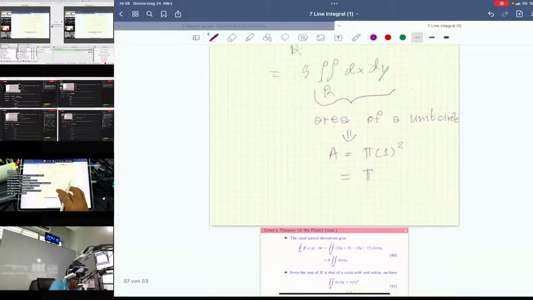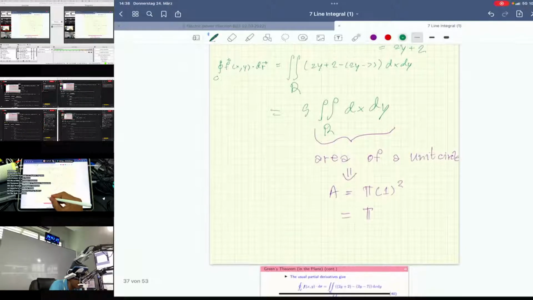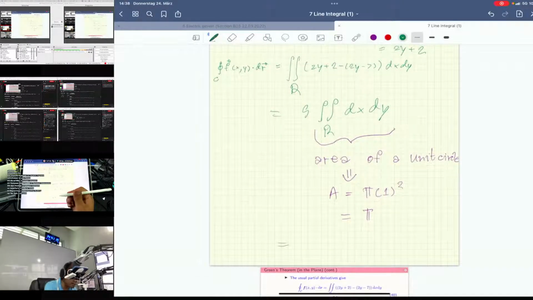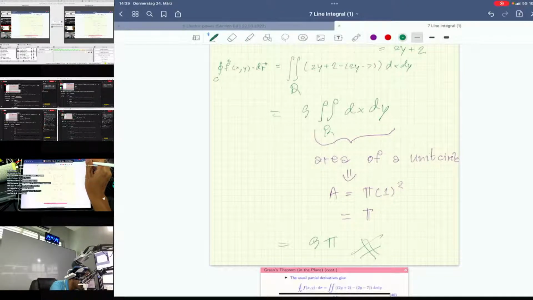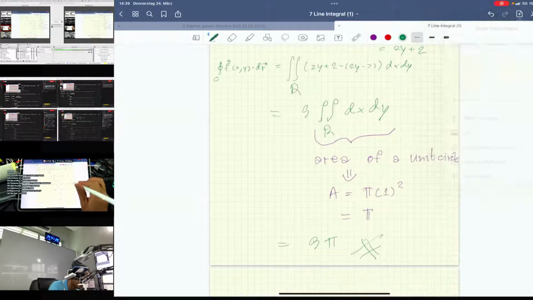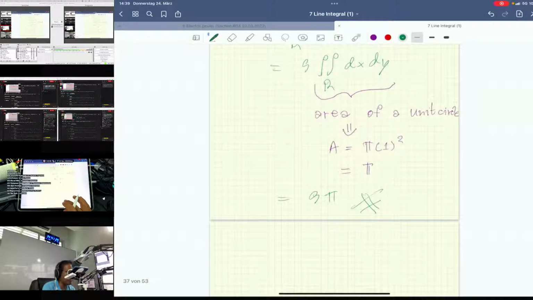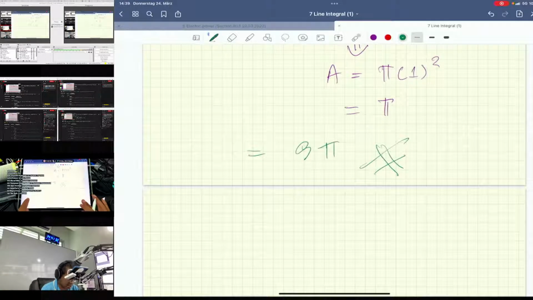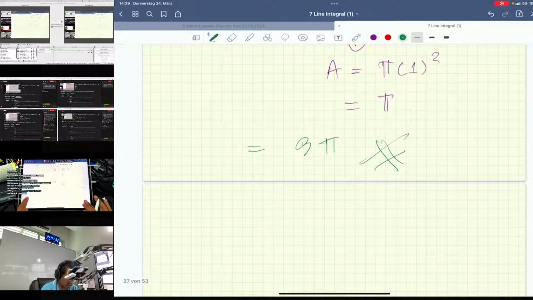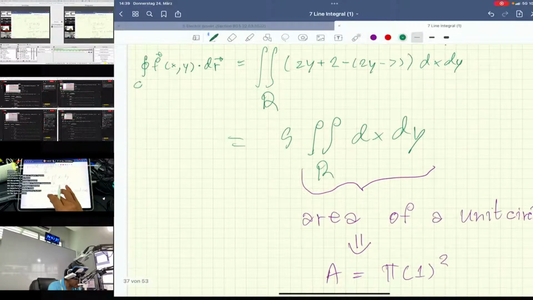So the whole term by using the Green Theorem will be 9 times pi. Okay, this is the first way, by using the Green Theorem. It is quite short, but if you don't believe in this, we're going to use the line integral technique.